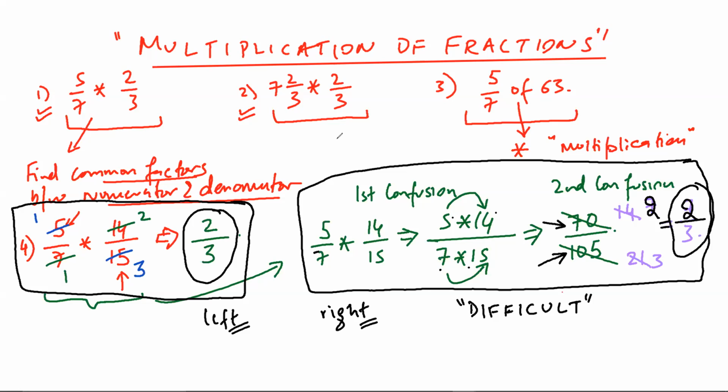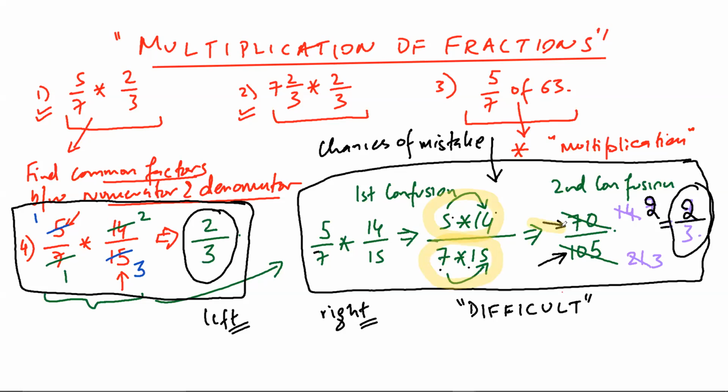Yes, sir. The chances of mistake are more in this method. Have you understood? Yes, sir. See, when you do this method, either you will make a mistake of multiplying these two, or when, see, 5 and 14 were small numbers.